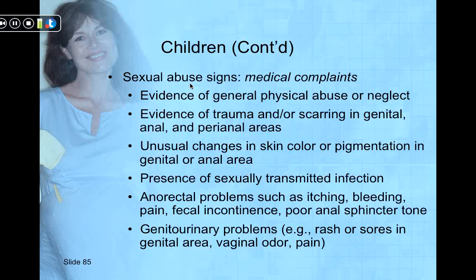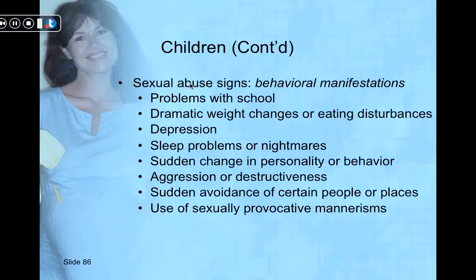Doesn't always mean sexual abuse, but if you see it in the area of the genitalia on a child, you need to be asking specific questions that address that. Do they have an STD? Do they have any anorectal problems like itching or bleeding or pain, incontinence, poor anal sphincter tone? Have they had any rashes or sores in their genital areas, vaginal odor, or pain?